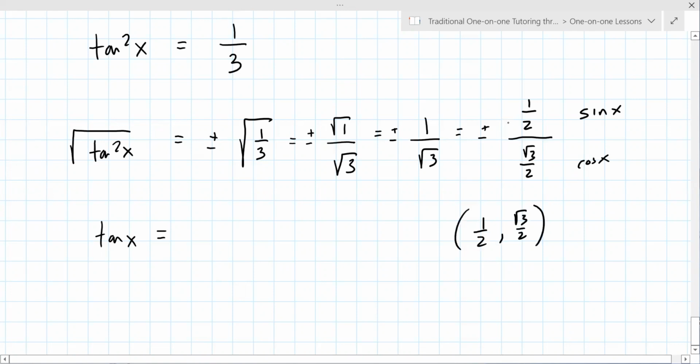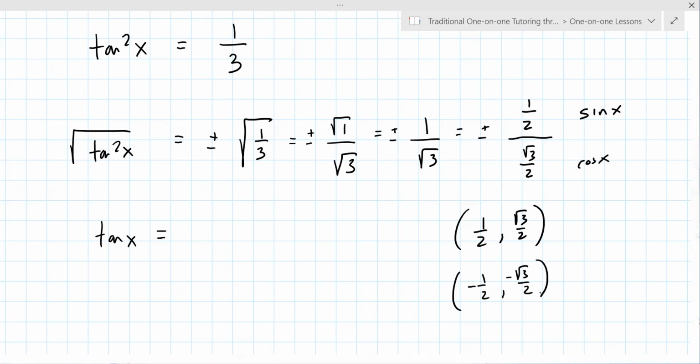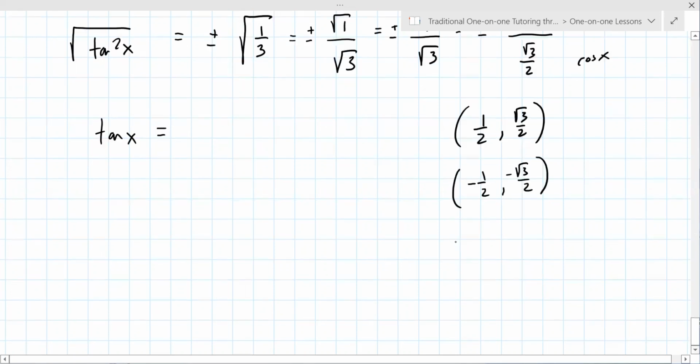That's plus plus. Then you're also looking for where they're both negative. Maybe that's easier to see. And then you're looking for where one of them is positive and one of them is negative. So positive, negative, negative, positive.